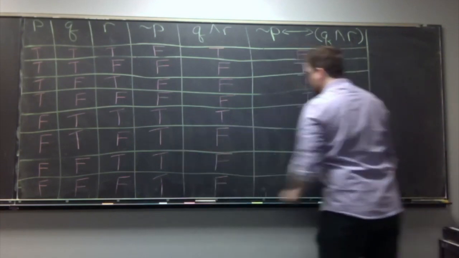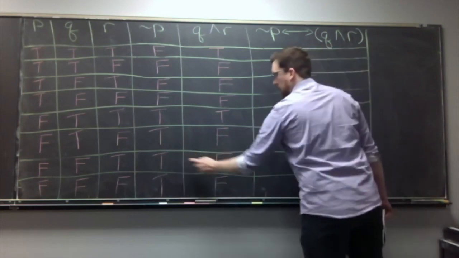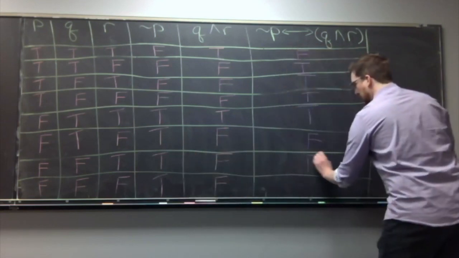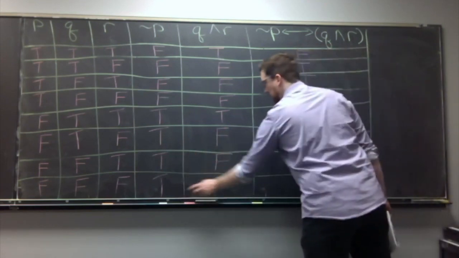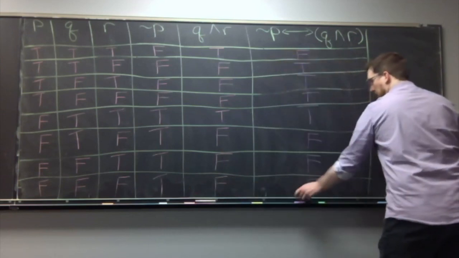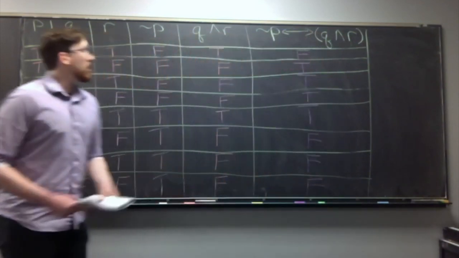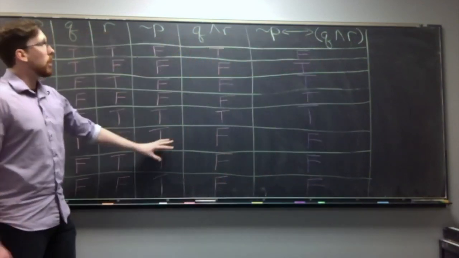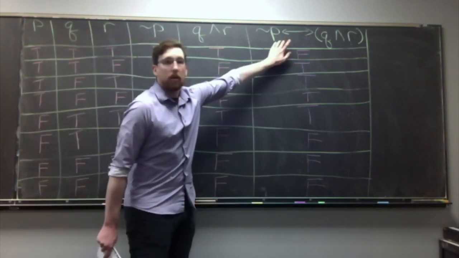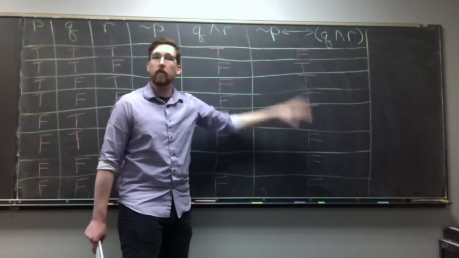True and false is going to be false. True and false is going to be false. True and false is going to be false. So, what we've done is we've said, using this truth table, figure out what the truth value for each case of this will be.